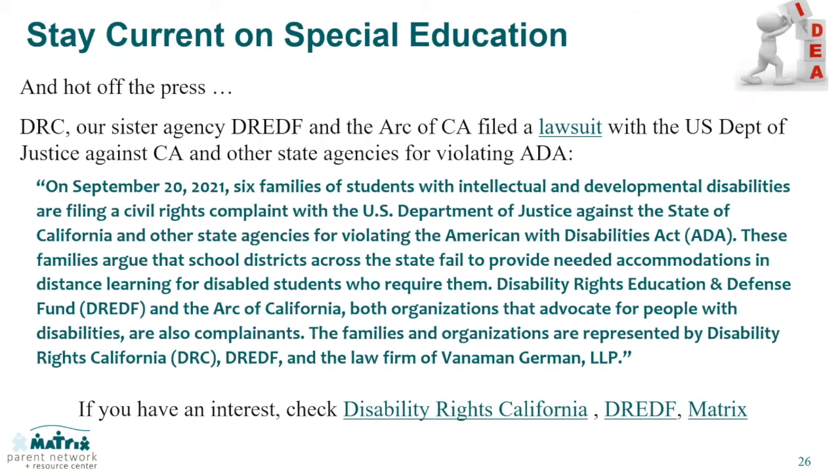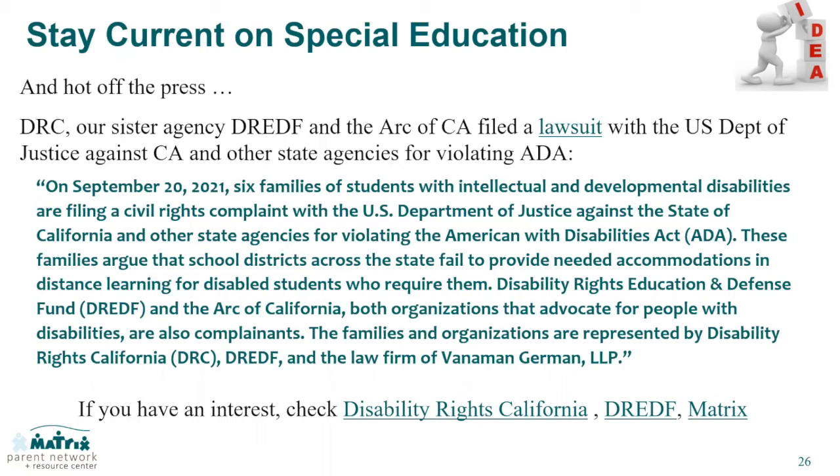And hot off the press, just last week, Disability Rights California, that's DRC, DREDF, our sister agency, and the ARC did file a lawsuit on behalf of 6 families of students with intellectual and developmental disabilities, saying that the school districts across the state are failing to provide needed accommodations in distance learning for disabled students.